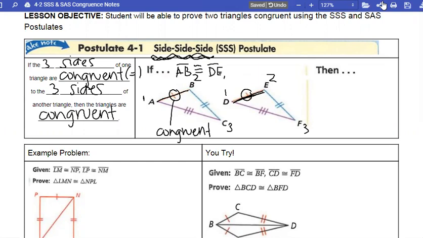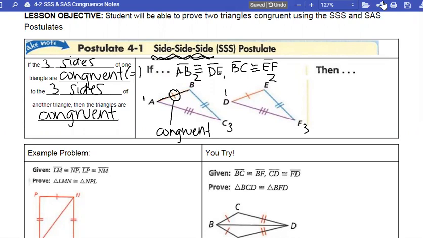Then let's go to the 2 tick mark side. On the left triangle, that would be called segment BC. I started at 2 and I went to 3. So if I look at the right triangle and I start at 2 and go to 3, that would be called segment EF. My last one, I need to look at the 3 tick mark side.